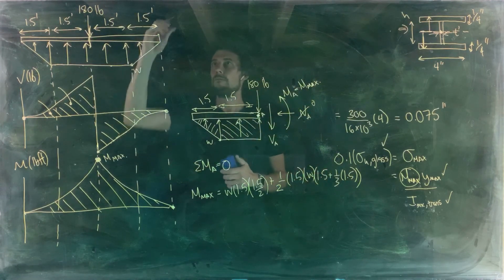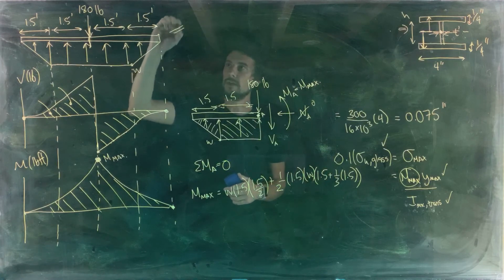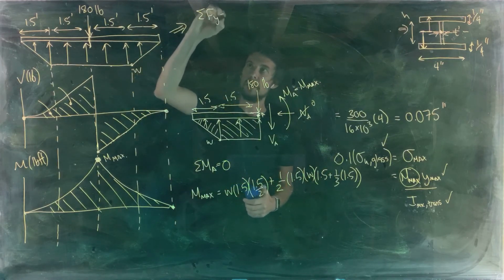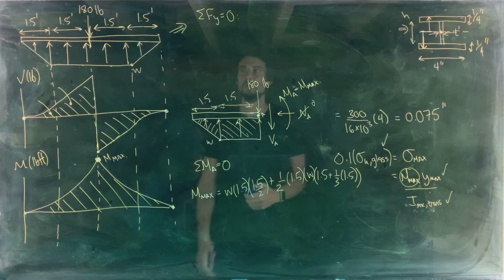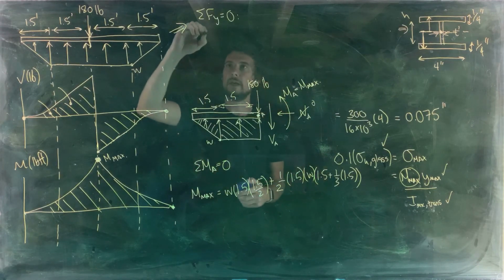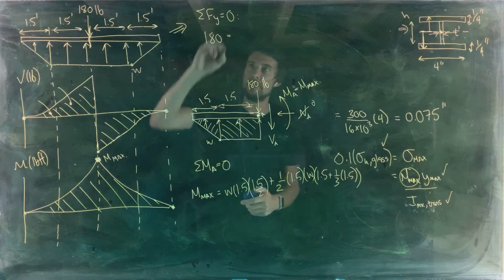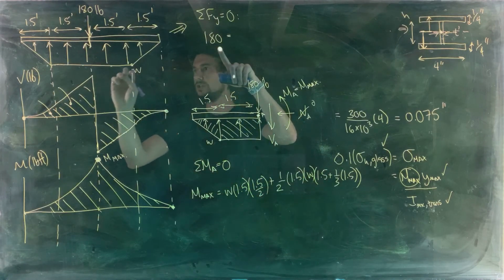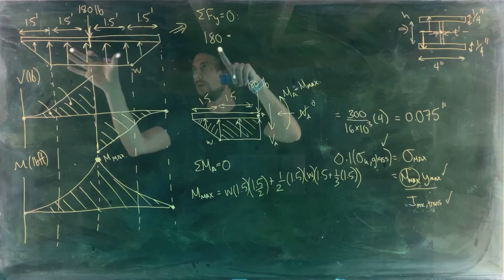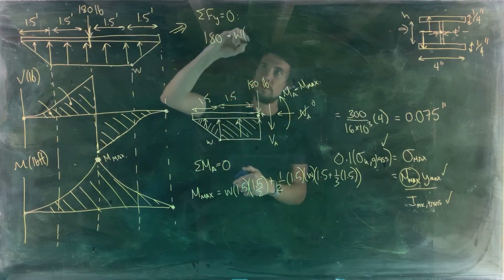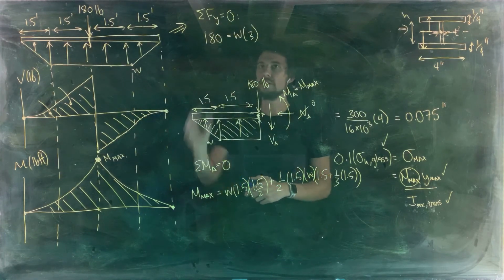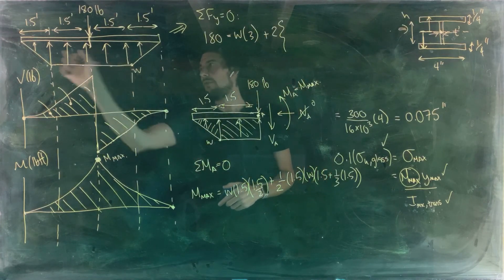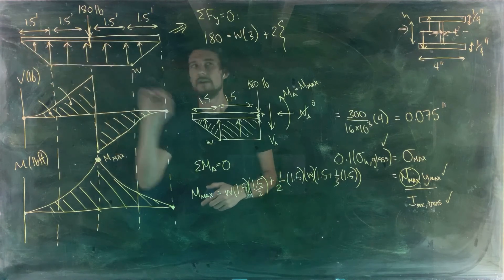Okay, so for this whole free body diagram, we'll do the sum of the forces in the y direction is equal to 0, and that is 180 pounds is equal to the total upward force, which is W multiplied by 3 for the middle portion, and then plus 2, right, of the little triangular pieces on each end.